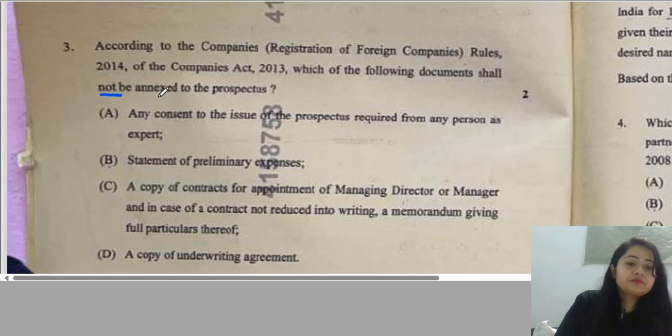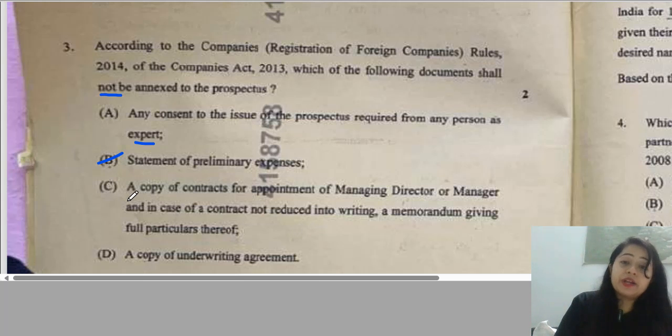First of all, any consent to issue the prospectus required from any person who is an expert, this is required to be attached. Statement of preliminary expense, this is something which is not required. A copy of contract for appointment of managing director or manager, and in case of contract not reduced into writing, a memorandum.